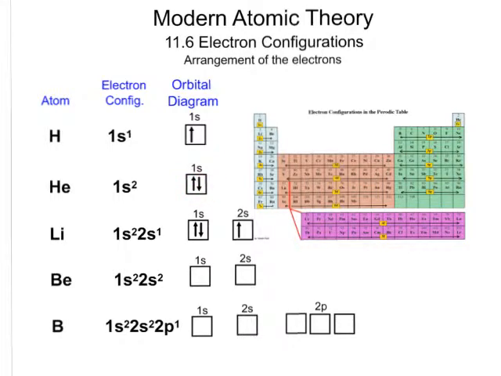So if you'll remember, you can only put two of them in an orbital, and they both have to spin different directions. That was the Pauli exclusion principle that you learned about earlier, and it's important because the electrons cannot occupy the same space. They cannot have all four of the same quantum numbers.